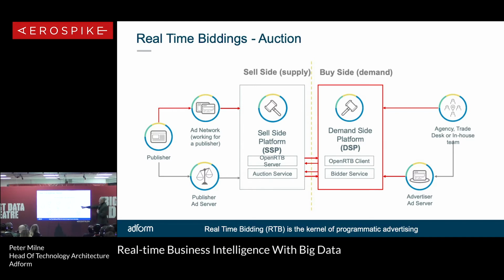So the demand-side platform receives the bid, looks through their profile of who they have and what campaigns match that person, responds with the bid, and if they are successful, the auction service tells the bidder service, okay, you've won, give me a tag for the website so that we can display the ad. That cycle happens in about 100 milliseconds.